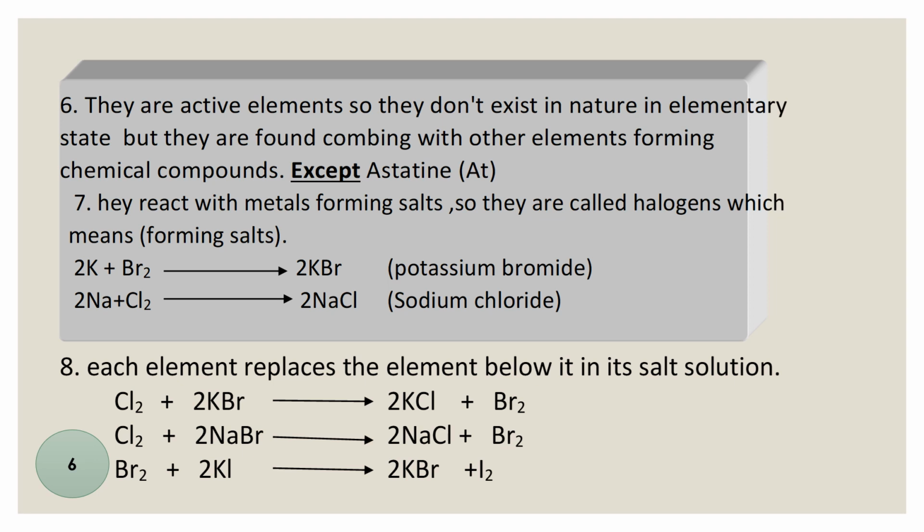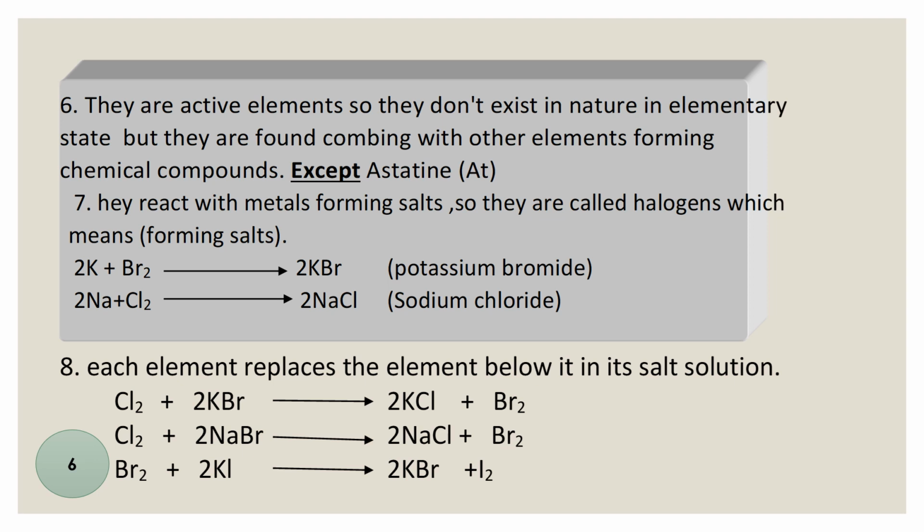So what is the meaning of halogen? It means salt formation or salt forming. So now we have an important question. Give reason we call the halogen group by this name. The answer, because they react with metals forming salts.